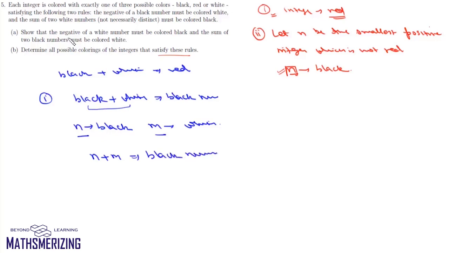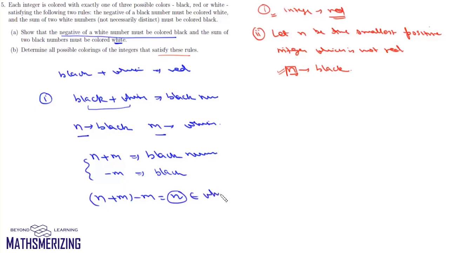Now in part 1, we have already proved that negative of a white number must be black. So if m is white, then minus m is black. Now we'll add them, we'll get n plus m minus n. So it'll be simply n, and the sum of two black numbers must be a white number. So from here we can say this n must be a white number, which contradicts our initial condition that n is a black number.